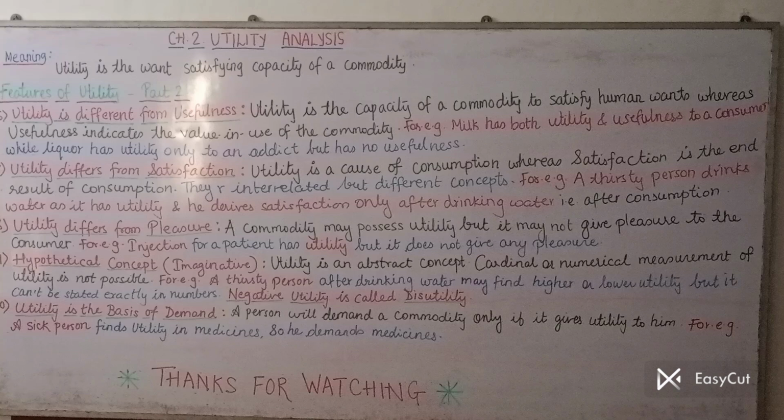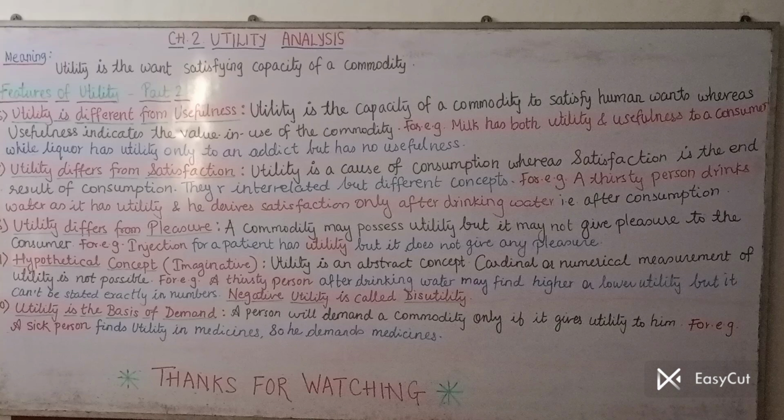Whereas satisfaction can be achieved only after consumption. So satisfaction is the end result of consumption. Once we consume the commodity, then only we can get satisfied with that consumption. So satisfaction comes after consumption, whereas utility is present in the commodity even before consumption.